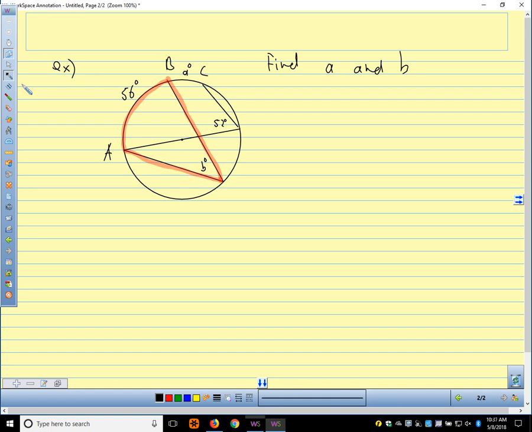So we know that the angle is how much of the arc? What did we just say? Half. To go from the arc to the angle, divide by 2. So B is 56 divided by 2, which is 28 degrees.